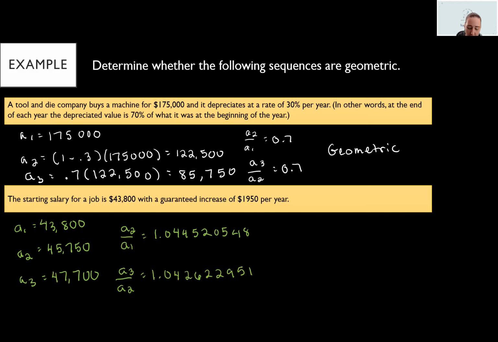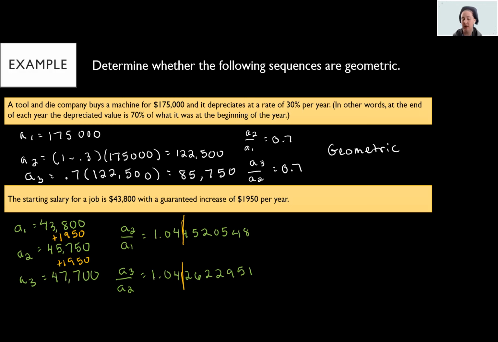So this is one of the situations where, while these would round, if we rounded them to this place they match, this is not geometric because they don't match enough, because we're not actually multiplying by the same amount each time. We're adding the same amount each time. Because if you compare it to how much you're adding, we are adding the exact same number each time.